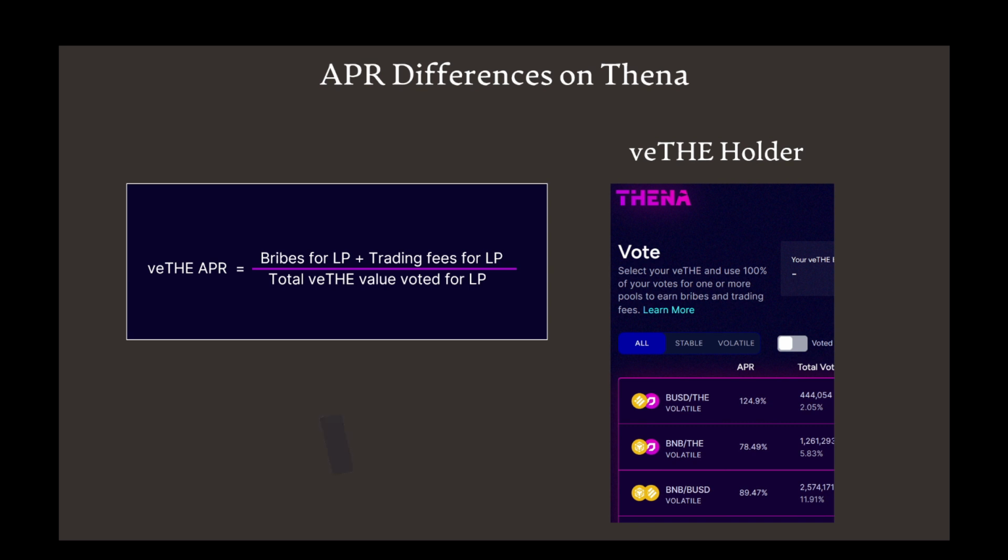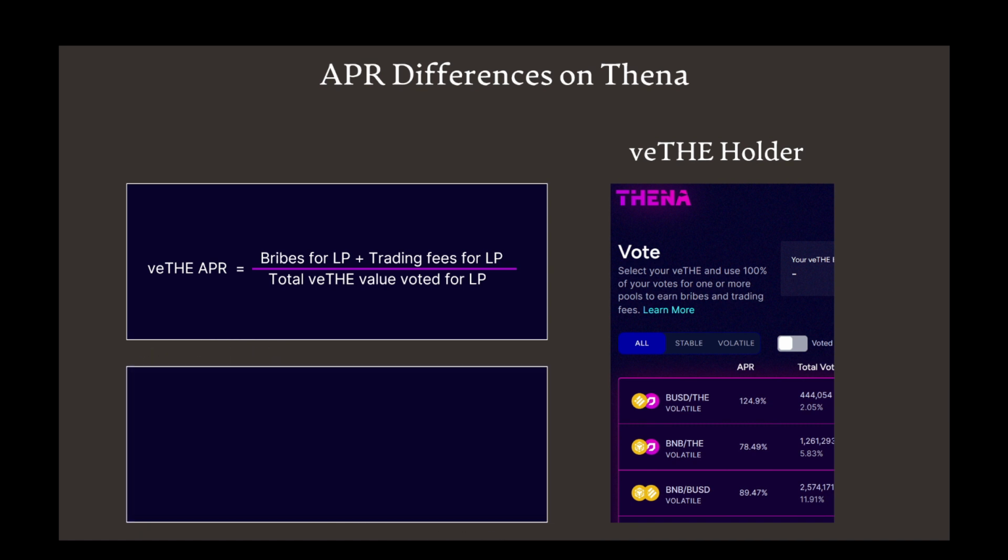I'll walk you through an example. At this point in time, the BUSD pool is providing an APR of 124% for VD holder votes. For this example, let's say that you have $100 worth of VD value which you have used to allocate votes for the BUSD pool.